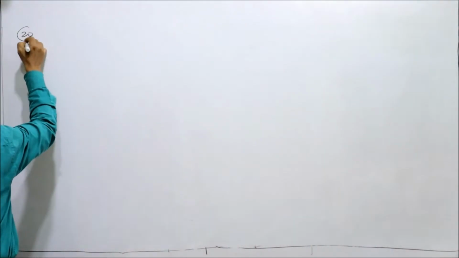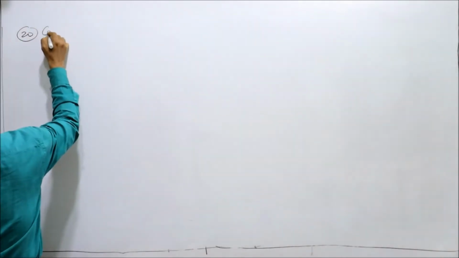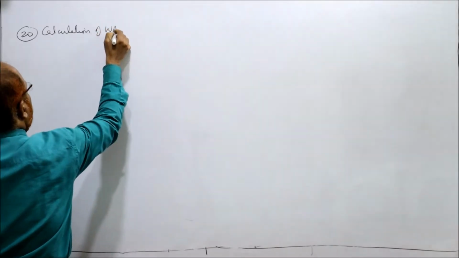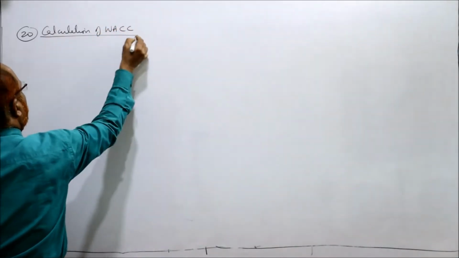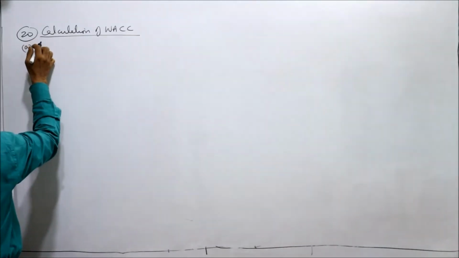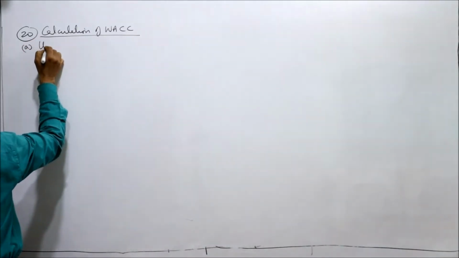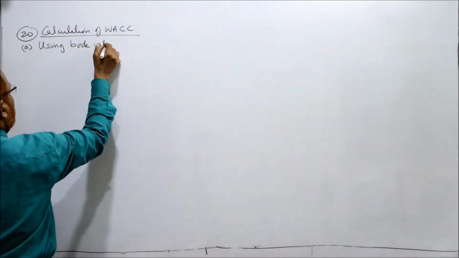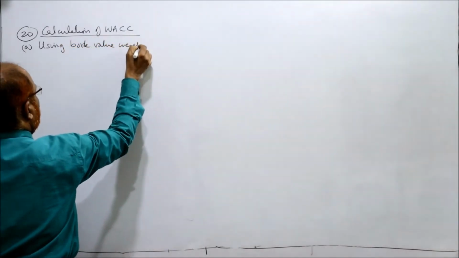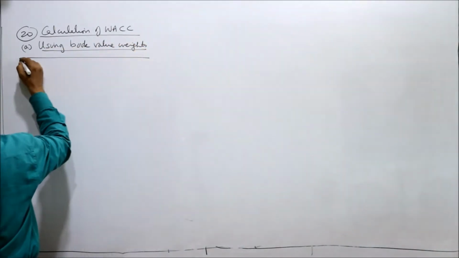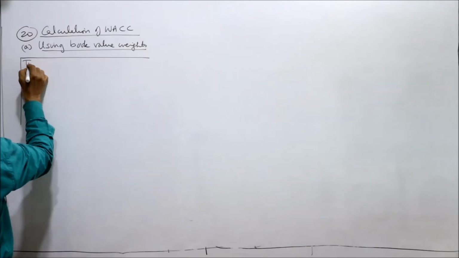20th problem. Problem number 20. Calculation of WACC. A point: using book value weights. Type of capital.